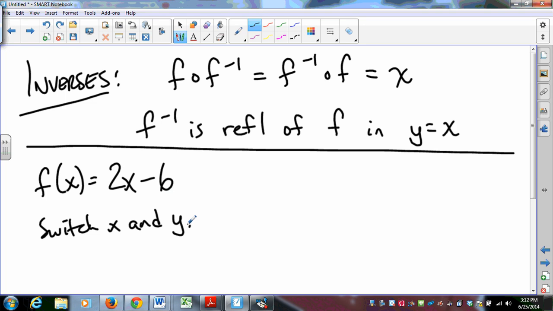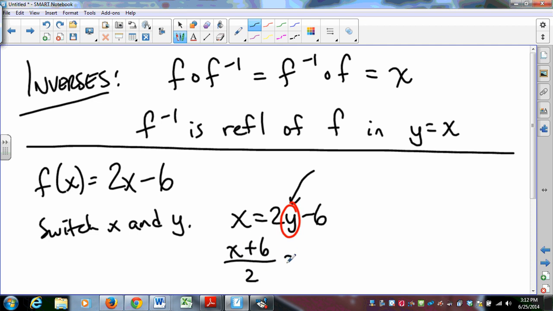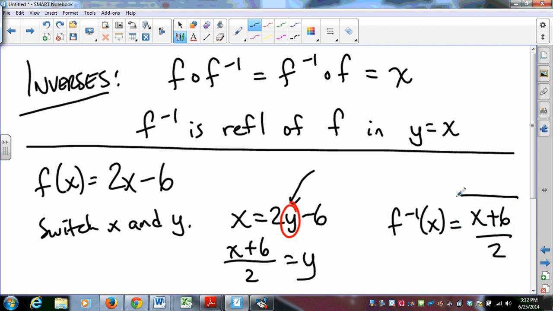If I want the inverse function, f inverse, we switch x and y. Well, there isn't any y. Oh, sure there is. That's a y. So instead of writing y equals 2x minus 6, we write x equals 2y minus 6, and then we isolate y. We get this y by itself. So adding 6 and dividing by 2 appears to do the job. So the inverse function is x plus 6 over 2.